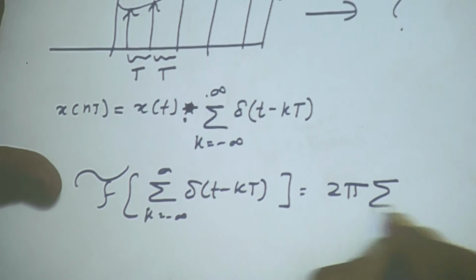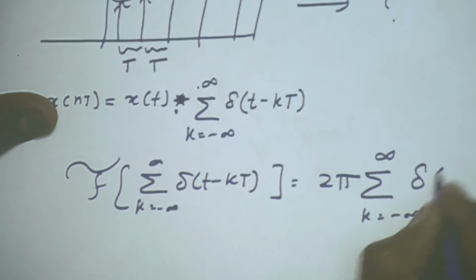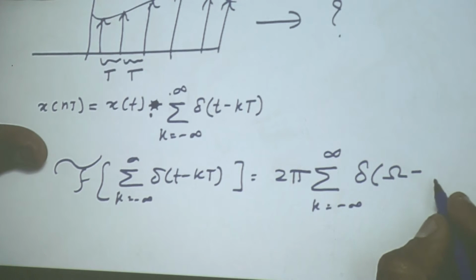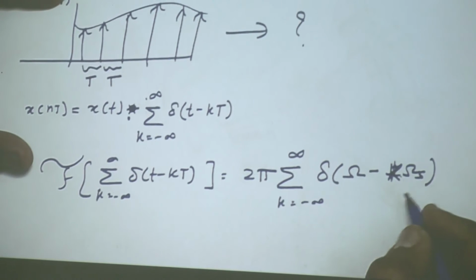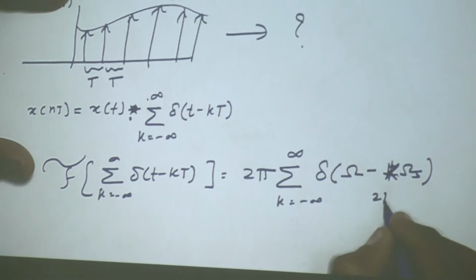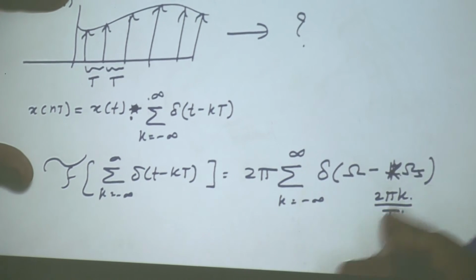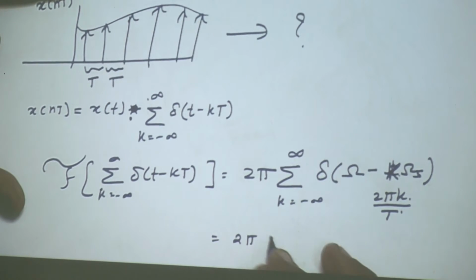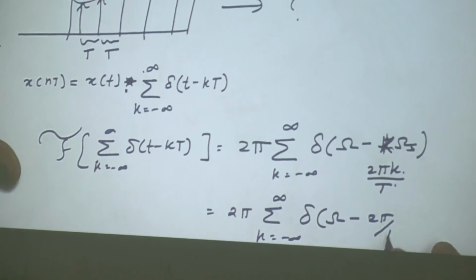So it is 2 pi times the summation over k from minus infinity to plus infinity of delta, on this axis, omega minus k times omega s. k times omega s means 2 pi k divided by T. 2 pi by T is omega s. So this is the same as 2 pi times summation of k from minus infinity to plus infinity, delta omega minus 2 pi by T times k.